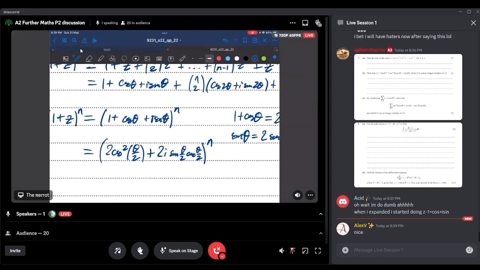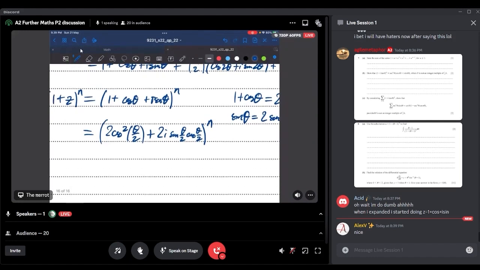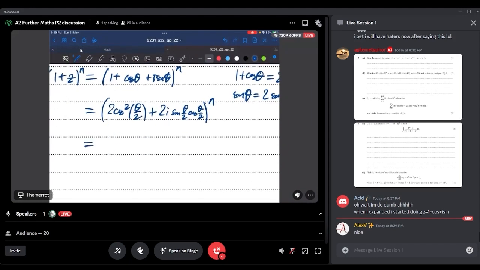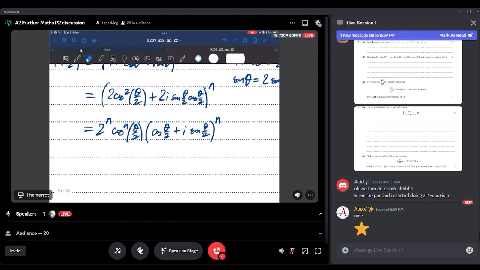So you get 2^n cosine^n theta over 2 multiplied by (cosine theta over 2 plus i sine theta over 2)^n. Then you just use de Moivre's: 2^n cosine^n theta over 2 times (cosine n theta over 2 plus i sine n theta over 2). And that's it.